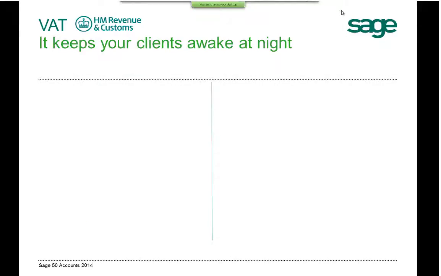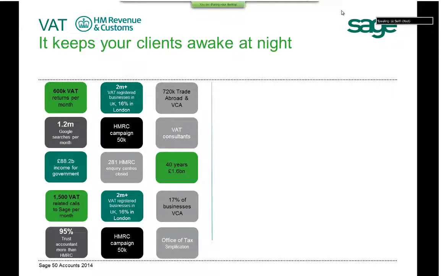So I just want to share a few facts with you here, just because we do like a statistic or two here at Sage. So things such as HMRC are closing hundreds of inquiry offices, and here at Sage we manage 1,500 VAT specific calls per month, and from those calls we'll often direct them to you for accountancy advice.